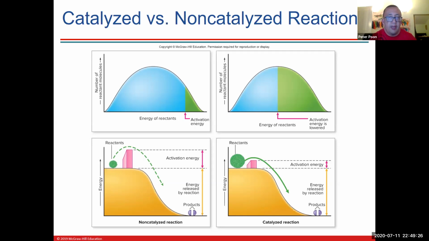Another way to think about it is you need to get over this hill. And that's the way I usually think about it. So you can be on the first floor of a building and you want to go down to the bottom floor. Going down to the bottom floor is easy because you can do it, but you need activation energy. So here are the two different activation energies. Without the enzyme, you have to run up 100 stories and then come back down 101 stories.